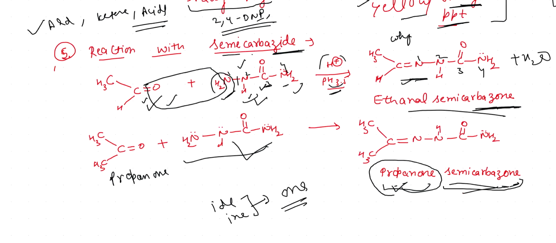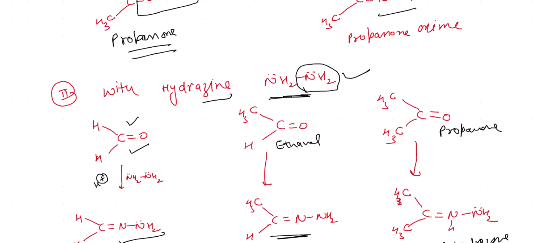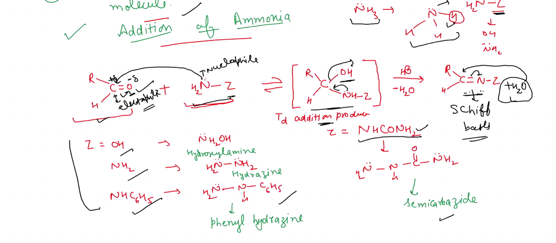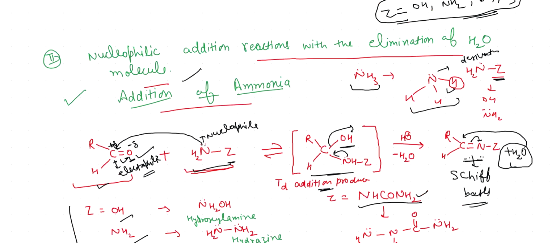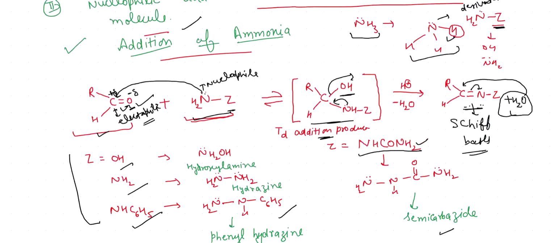So this was all about the reactions of aldehydes and ketones with substituted ammonia derivatives. I have shown you these reactions with different reagents reacting with aldehydes and ketones in the presence of acidic medium. The important point is that the medium must be acidic in nature to increase the electrophilicity of the carbonyl center so that the nucleophile can attack easily to the carbonyl carbon, and there is formation of a Schiff base.